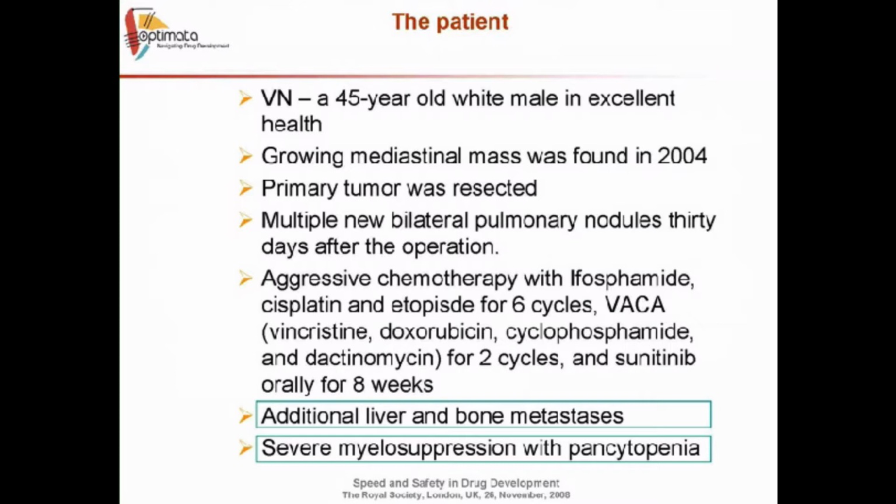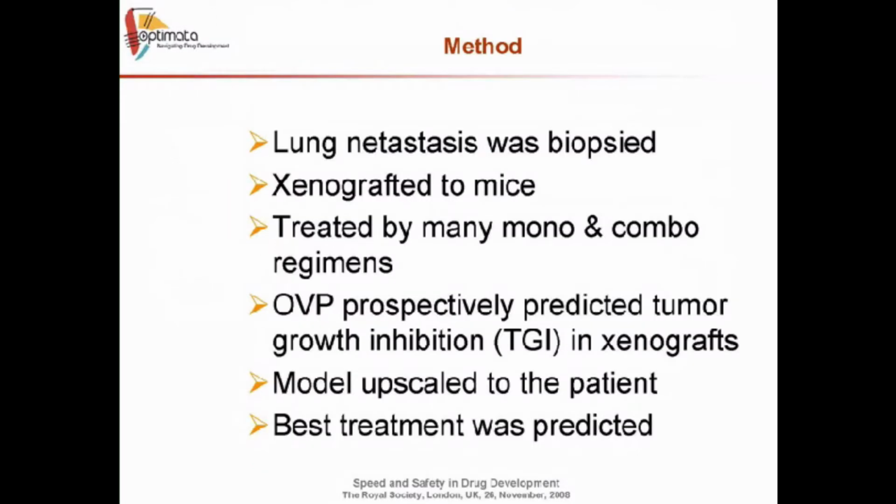And that was very bad because the disease was still progressive. However, now he had severe myelosuppression with pancytopenia, and his prognosis was dreadful. He had a 6 weeks prognosis, and we were called in.